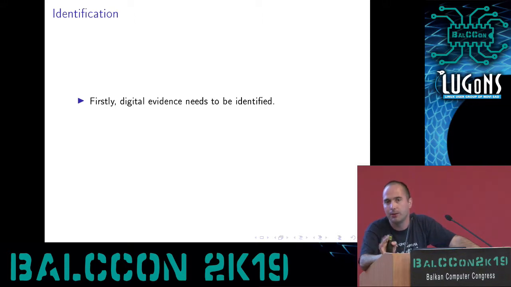We already heard something. Someone mentioned log files, but usually when we come to the crime scene, we are going to notice something else. You said memory dump. Okay, but first we have to get the memory dump.